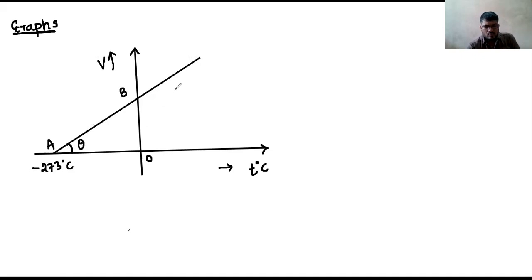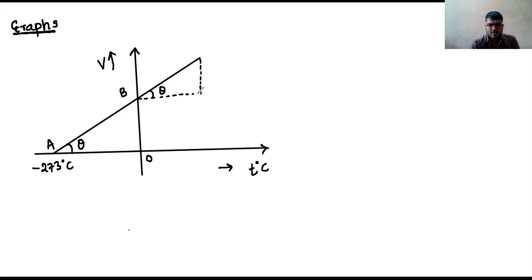Now, if we take the slope, as you see, this is theta, meaning this angle is also theta.